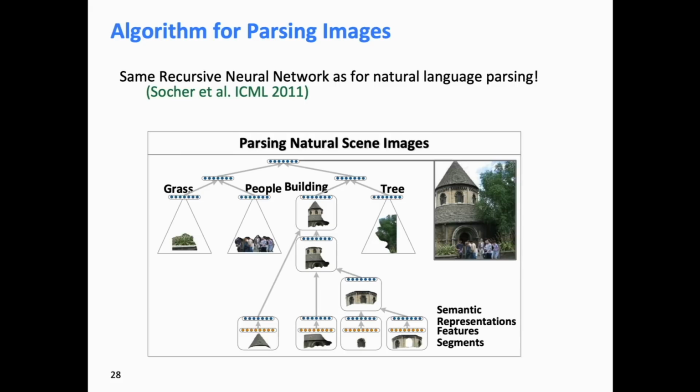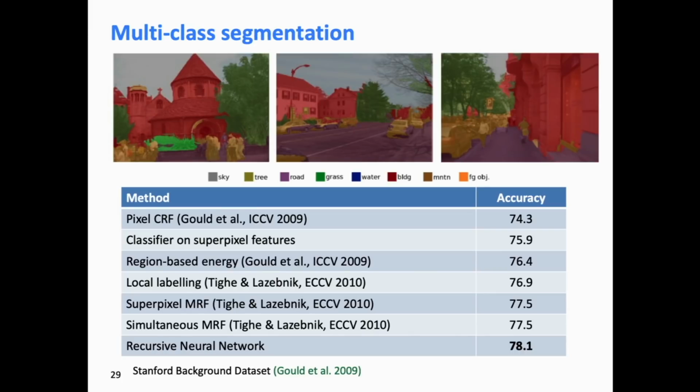In particular, there was a data set being used for multi-class segmentation in vision, where you started off with very small patches and then combined them into parts of a scene, recognizing which part of the picture was the building, the sky, the road, and various other classes. And we were actually at the time able to do this rather well using one of these tree recursive structured neural networks, better than preceding work in vision had done in the late 2000s.